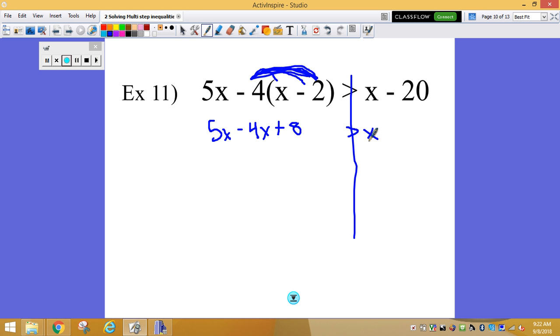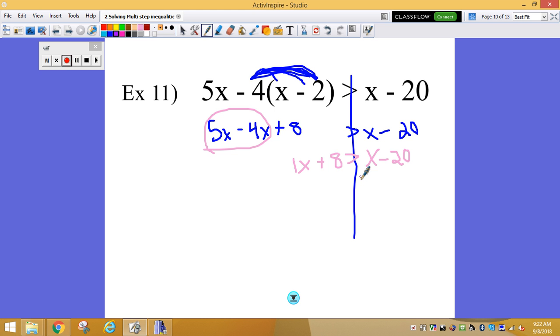Bring down everything else. Next step, I want to say, hey, can I combine anything? Well, yeah, right here. I can do 5x minus 4x is 1x. And then we'll bring down plus 8. And bring down that greater than, and bring down x minus 20. Now, I got a letter on both sides. So to move it, we're going to do the opposite.